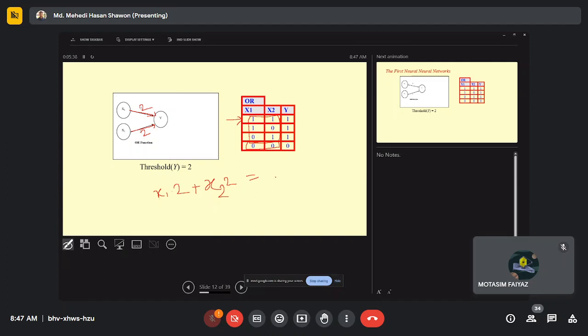If you choose the first combination, with x1 and x2 both 1, I'm checking the summation of those inputs. You will get 4, right? Which is greater than the threshold value. The threshold value was 2, so it is greater than 2. Therefore your neuron will ignite or fire a signal. That's why I'm telling 1.